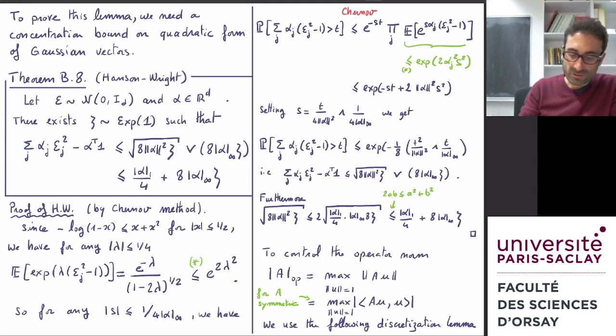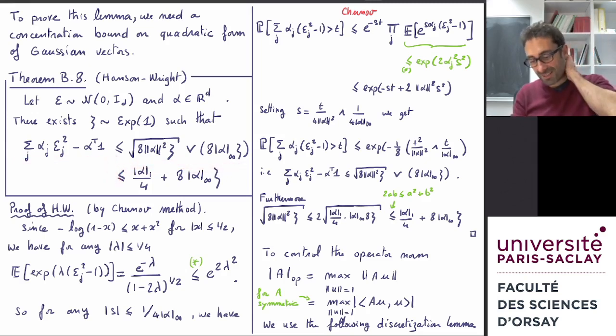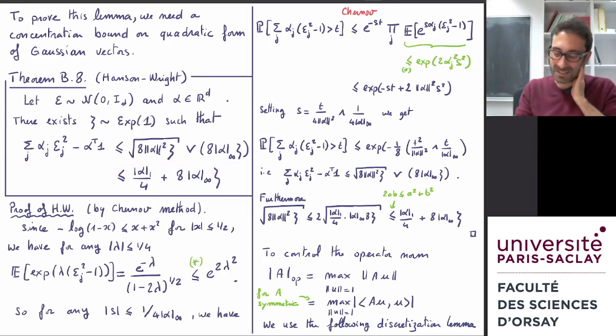So we have shown this upper bound here, and now we need to move to this upper bound. Actually, it is a very simple upper bound that we use. We simply use the fact that the Euclidean norm is smaller than the L1 norm times the infinity norm, right?